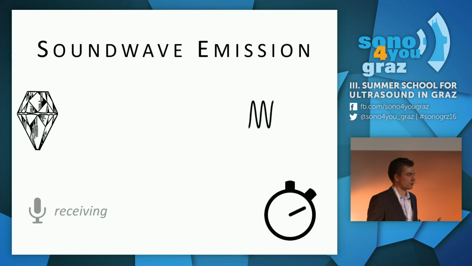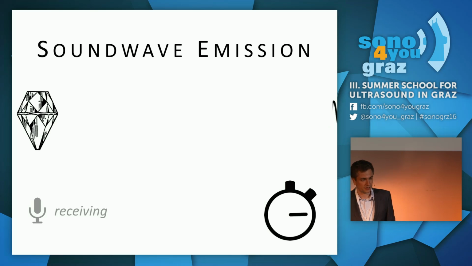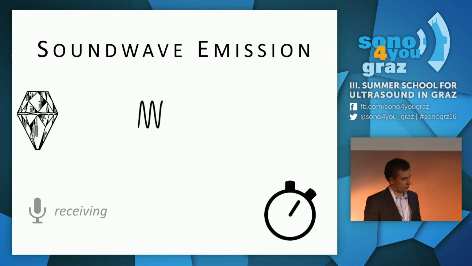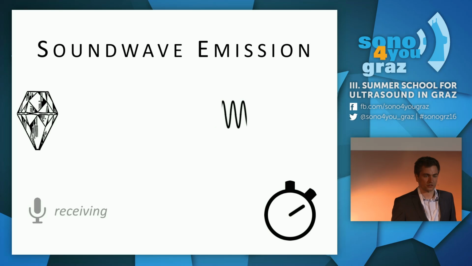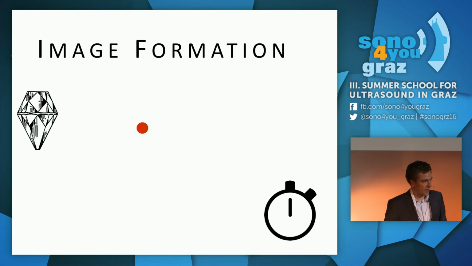And basically, ultrasound machines do nothing different than just measuring time. And because we know how fast sound waves travel in water, we can actually calculate how deep a certain structure is when we have an echo. So we talked about echoes. We have a little structure here, and we will send out an ultrasound beam right now.